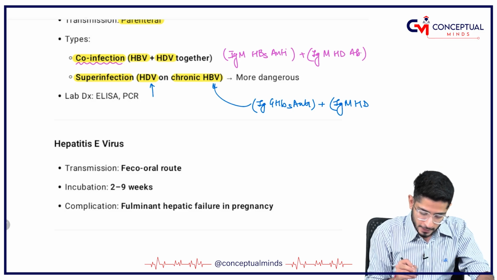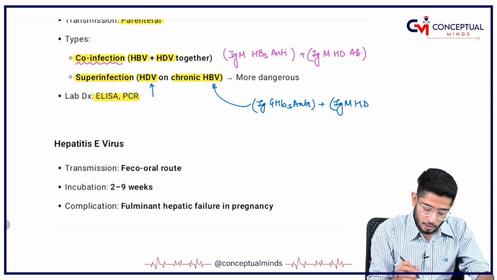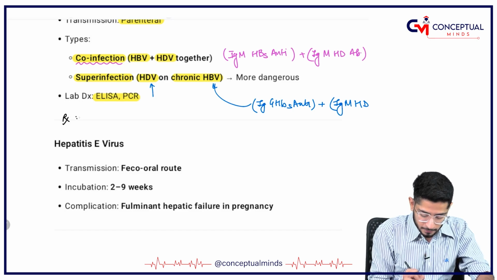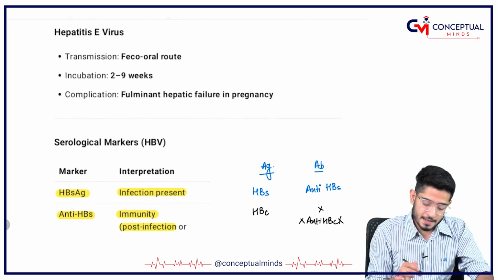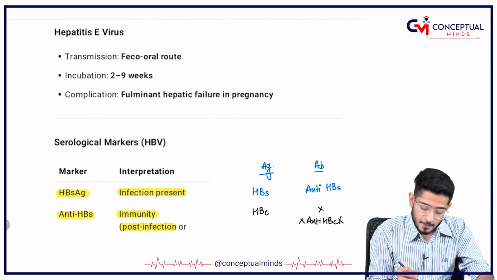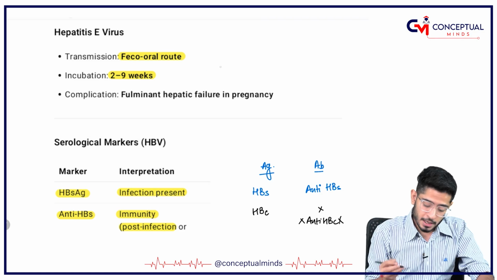Obviously, you will need ELISA and PCR for the diagnosis, but the treatment is: treat hepatitis B and hepatitis D will resolve automatically. Coming on to the last but not the least, hepatitis E, fecal-orally being spread, and please remember 2 to 9 weeks is the incubation.